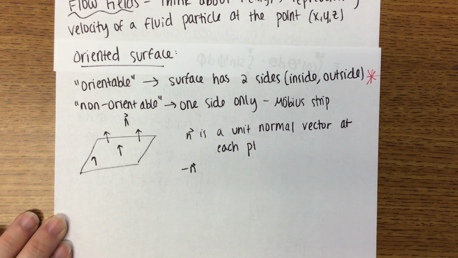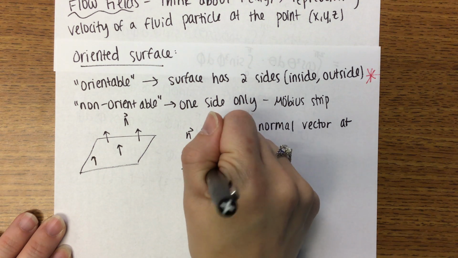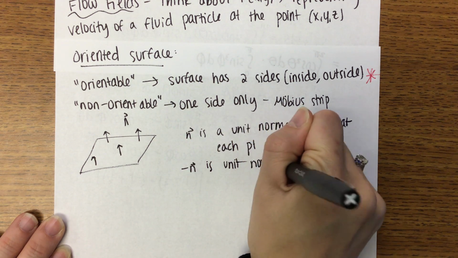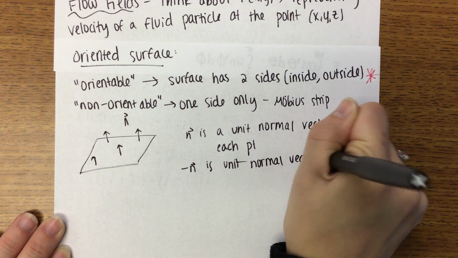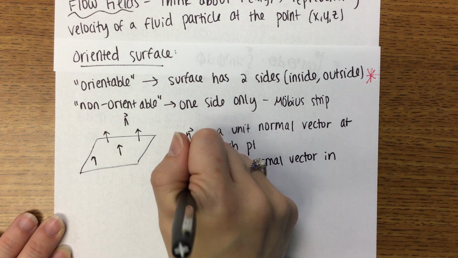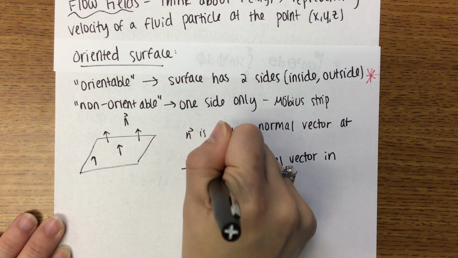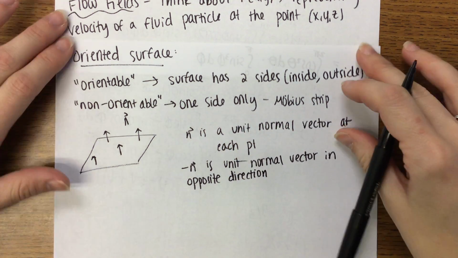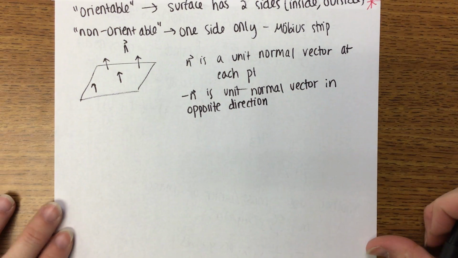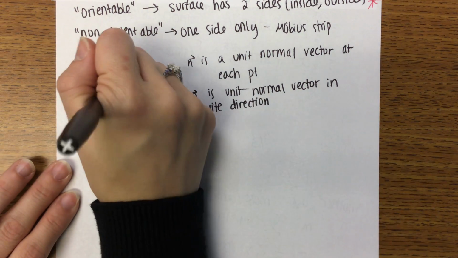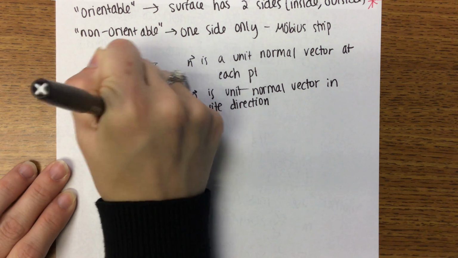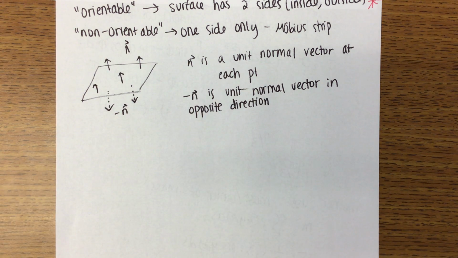The opposite of that, then, is a unit normal in the opposite direction. So that'll be something like this. So there are only two options for the unit normal.